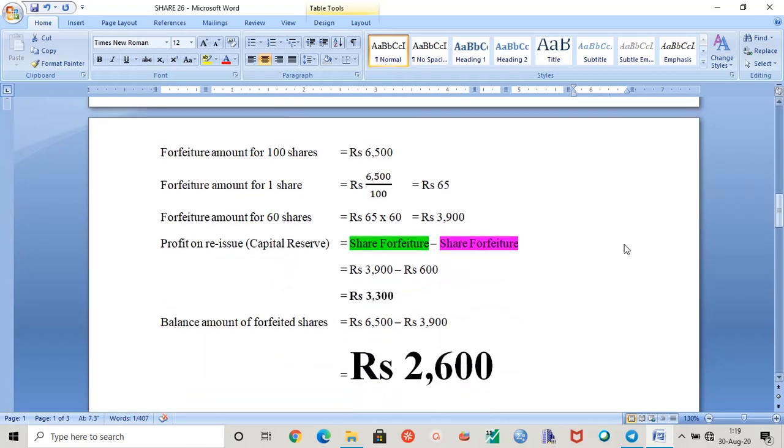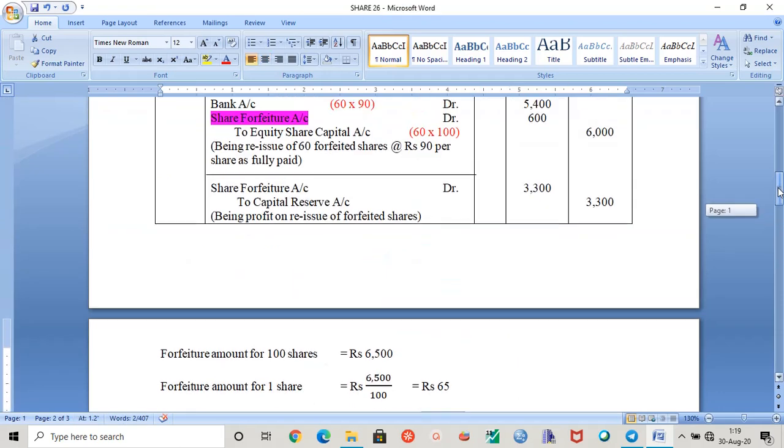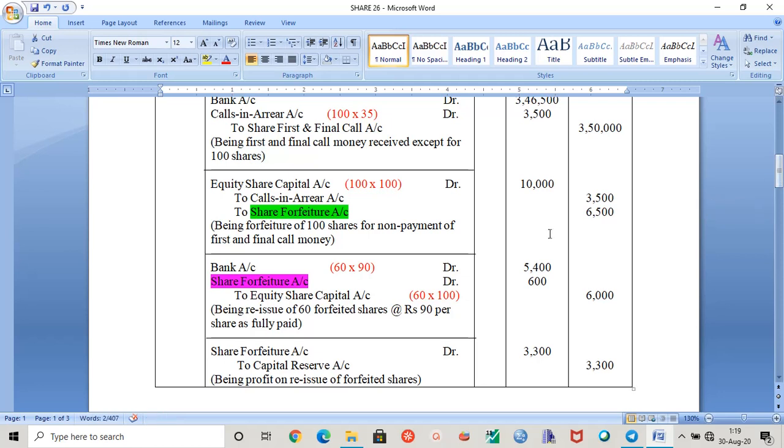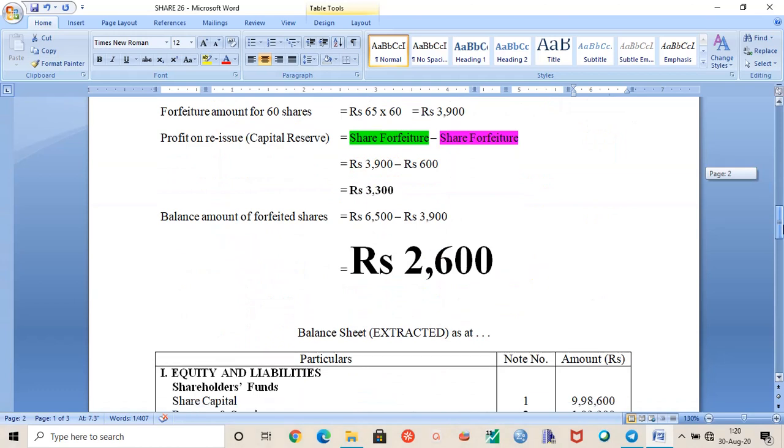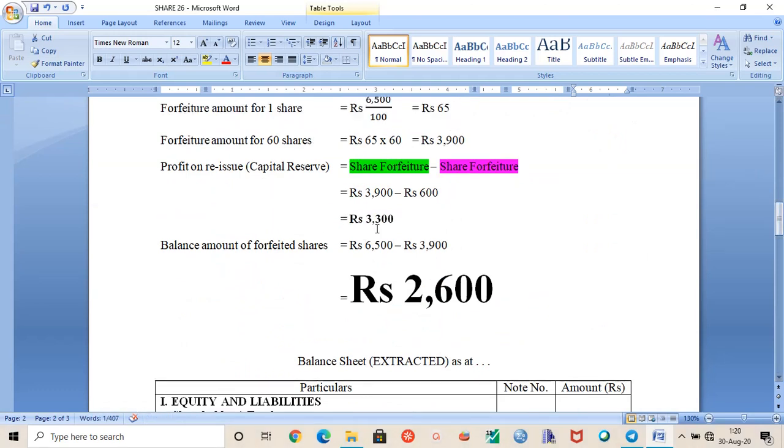Let us go here and we have this 3,900. So for 60 shares it is 3,900. So 3,900 minus 600 is 3,300. So this 3,300 is the profit on reissue.